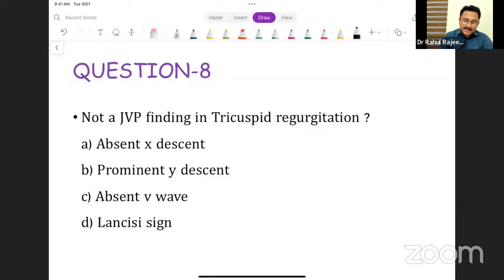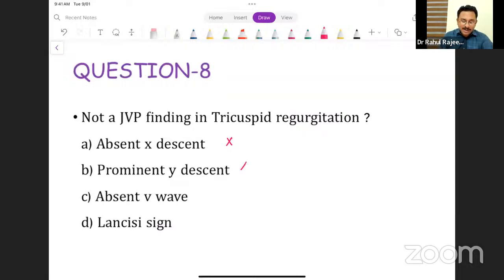Yes, X descent is absent in case of tricuspid regurgitation because of the regurgitation, the atrium is not getting enough time to relax. And since the atrium does not get time to relax, you will get the X descent to be absent or decreased. Next is a prominent Y descent. Again, because of the volume overloading of the atrium, more blood will actually come to the ventricle.